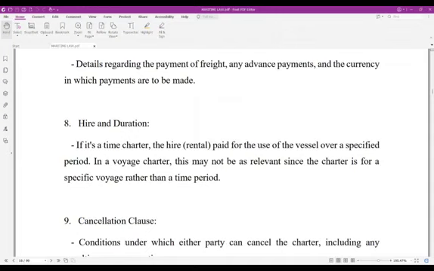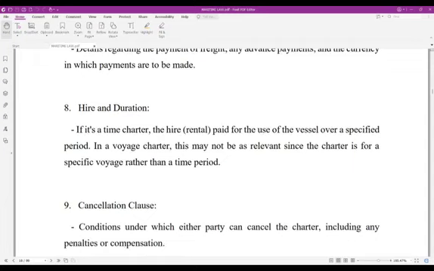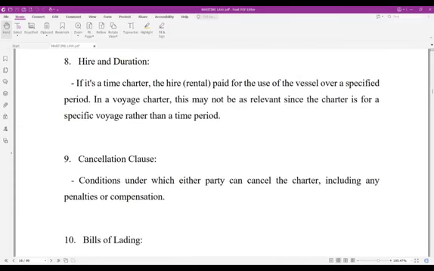For the cancellation clause, there are conditions under which either party can cancel the charter, including any penalty or compensation. If the ship owner, during the course of the contract, wishes to cancel or wishes to breach the terms of contract, compensation or penalty is liable.